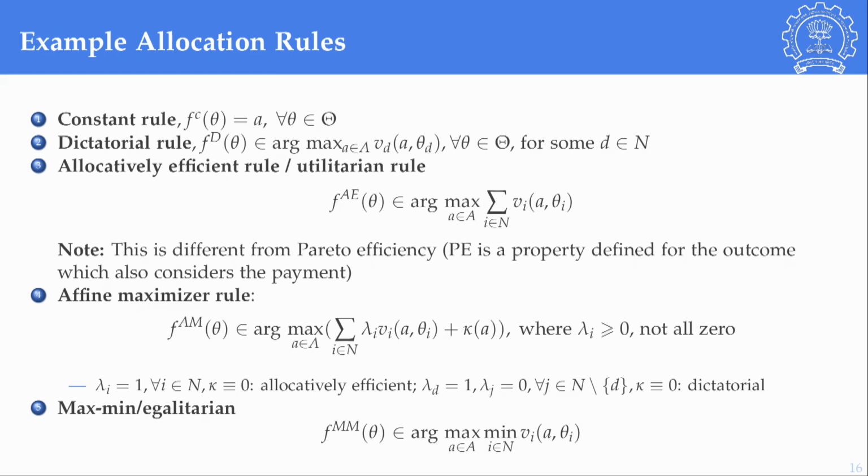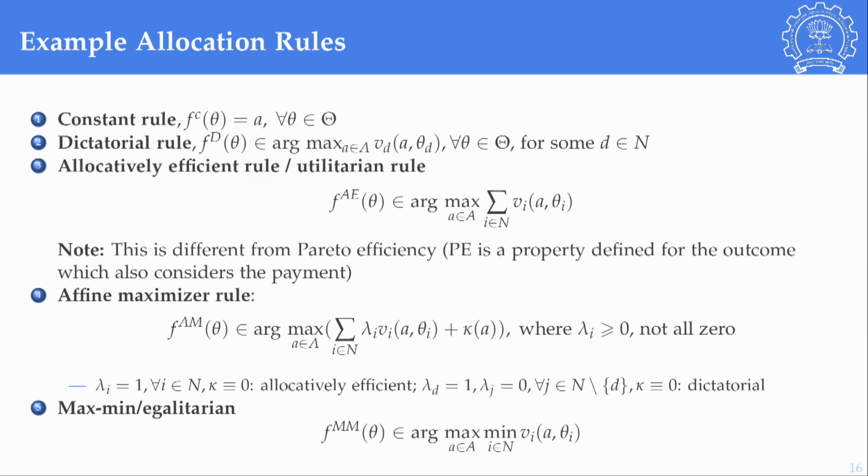Here it is trying to maximize the poorest person's utility, make the poorest person happiest. So think about this from inside out. I pick a specific allocation, I look at who is the minimum, who is actually suffering the most. I pick that alternative which maximizes that minimum. So very naturally this is also called the egalitarian rule.